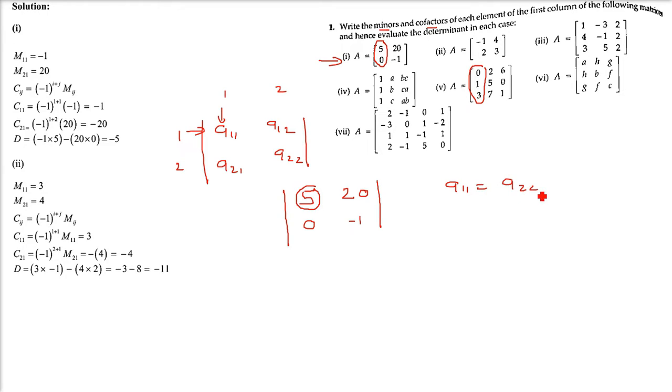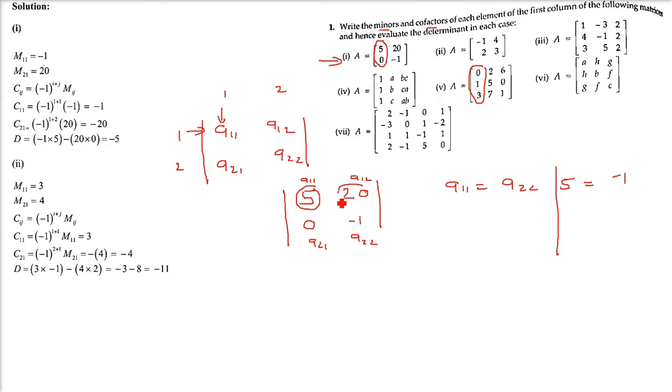So the minor of A11 is A22, and the minor of 5 is -1.